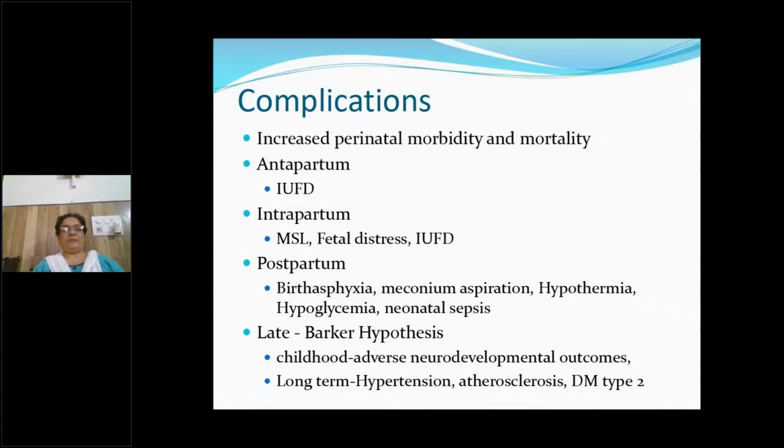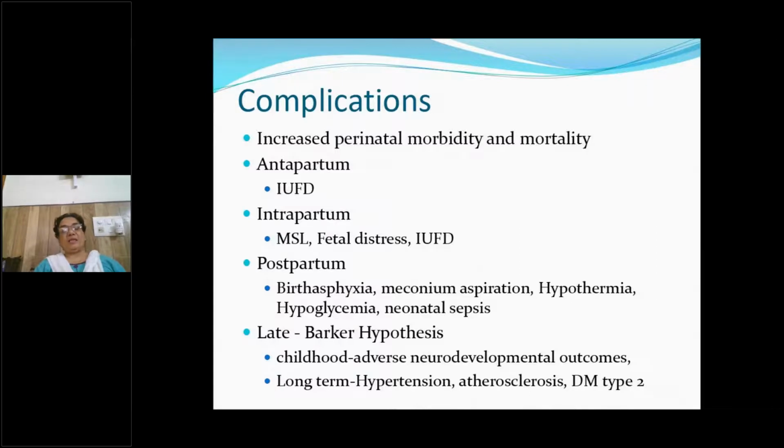Postpartum, babies who are growth restricted are at higher risk of birth asphyxia and hypoxic ischemic encephalopathy, as their tolerance is less. They can have meconium aspiration. They are more susceptible to hypothermia, hypoglycemia, and neonatal sepsis.